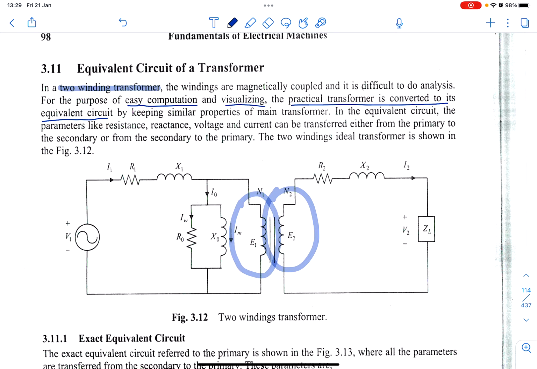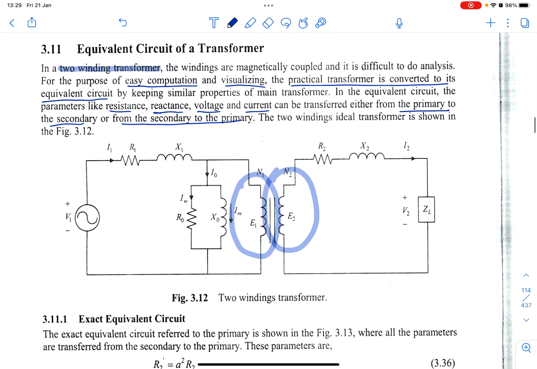In the equivalent circuit, the parameters like resistance, reactance, voltage, and current can be transferred either from primary to secondary or from secondary to primary. Previously you have learned the rules for referring of impedance. So you can transfer impedance from primary to secondary, or the parameters from secondary to primary.